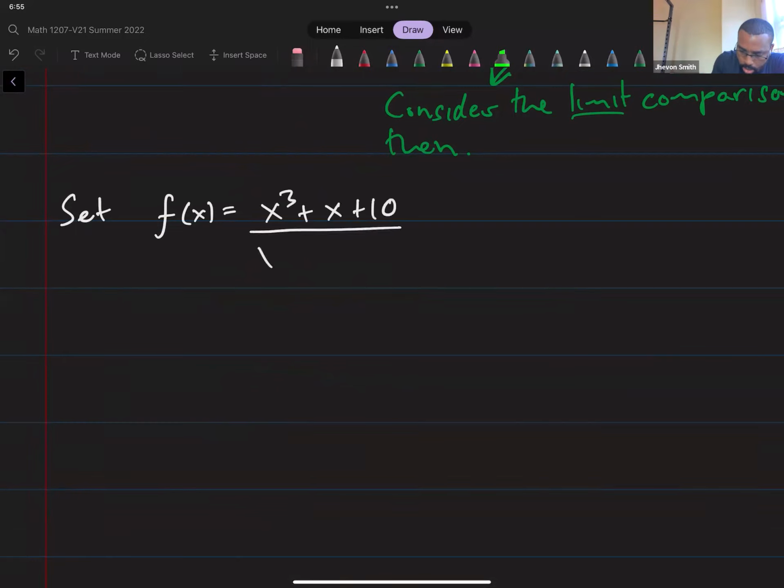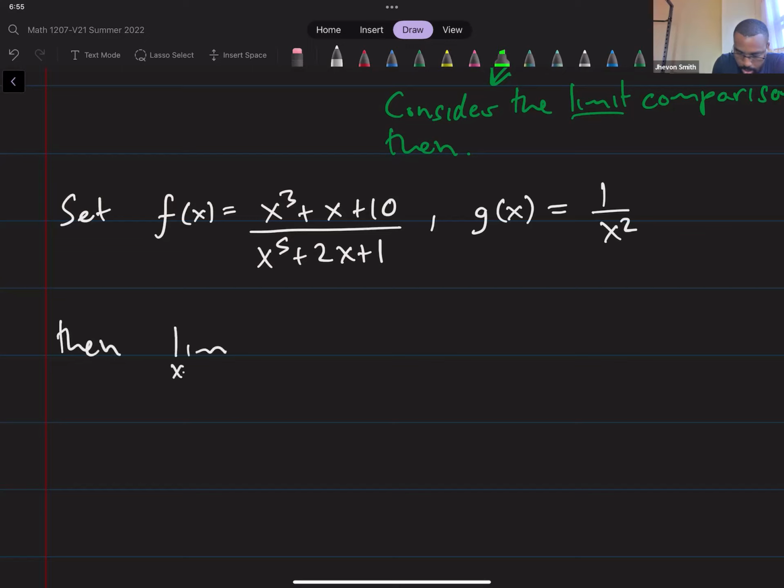And my g of x equals 1 over x squared. Then the limit of f divided by g is going to be this divided by 1 over x squared.